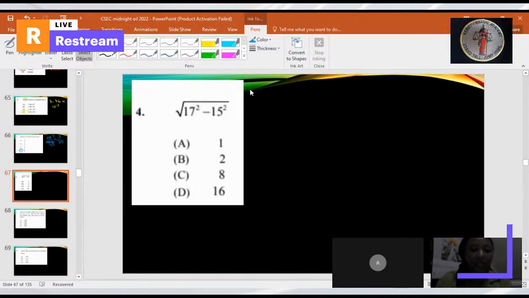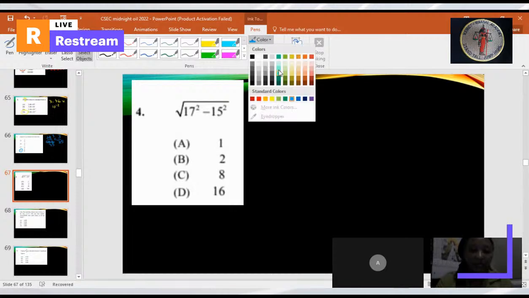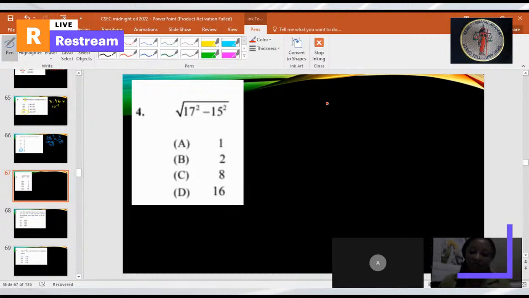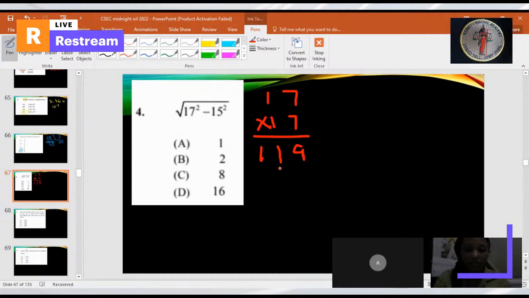All right. So we have number 4, the square root of 17 squared minus 15 squared. So let's work out 17 squared. That would be 17 times 17. 7 sevens 49, 7 1s are 7 and 4, 11, 1 7 7, 1 1 1.